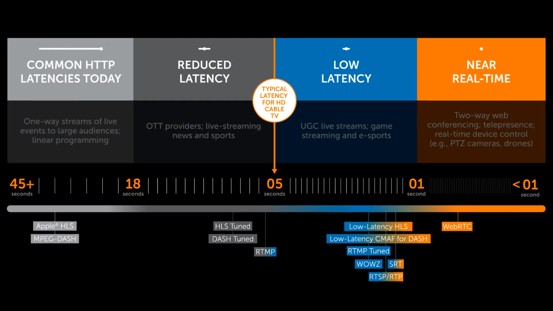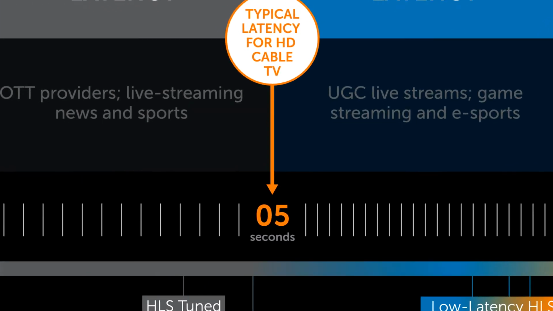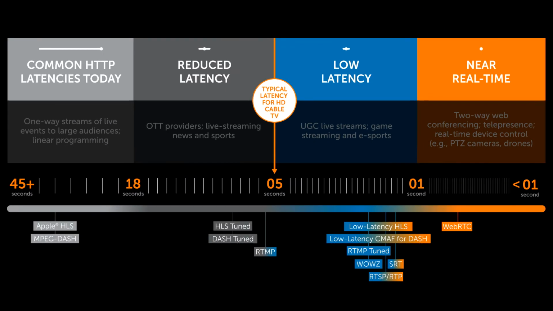If you look at our streaming latency continuum, it seems like for cable television there's a general latency of about 5 seconds, right? But when it comes to streaming media online, we're looking at something between 1 second and even 45 seconds of latency. Now, why is that?